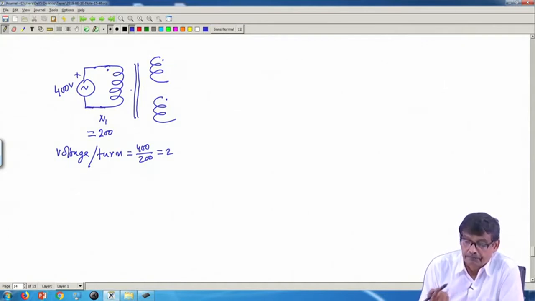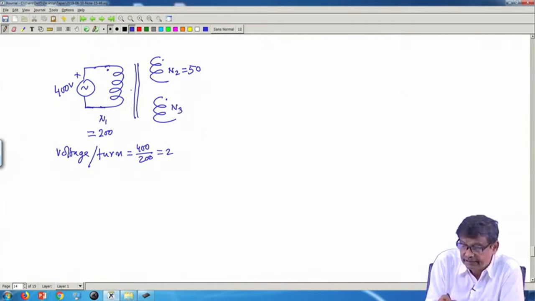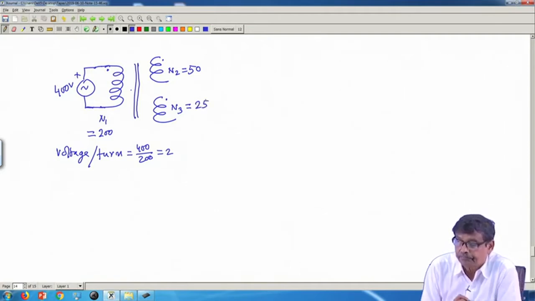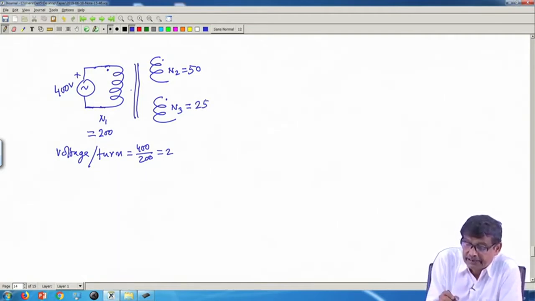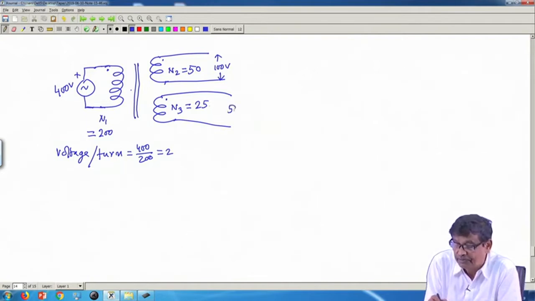2 volt per turn. Now, suppose N2 is 50 turns, and N3 is 25 turns. Then I will immediately say this voltage will be the voltage per turn, 2 into 50, so you will get 100 volt here, and 2 into 25, you will get 50 volt here.